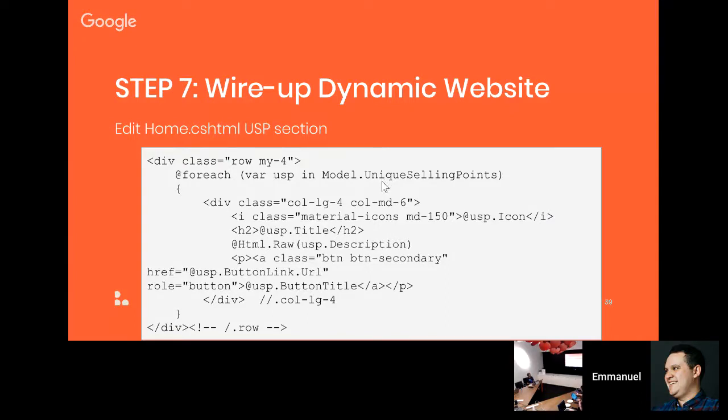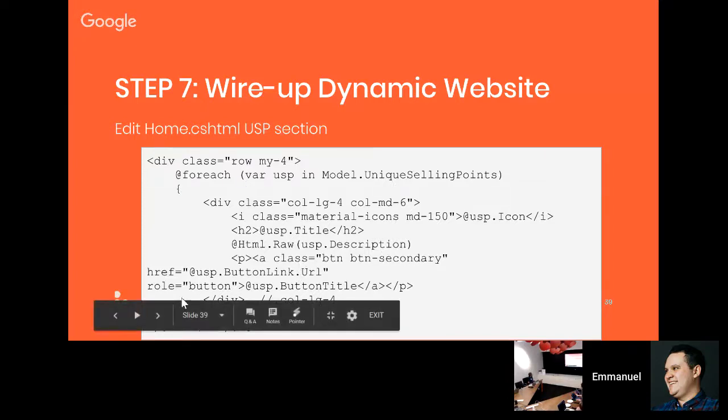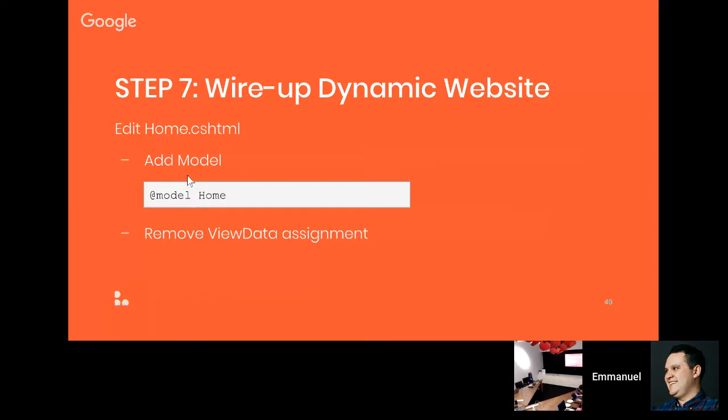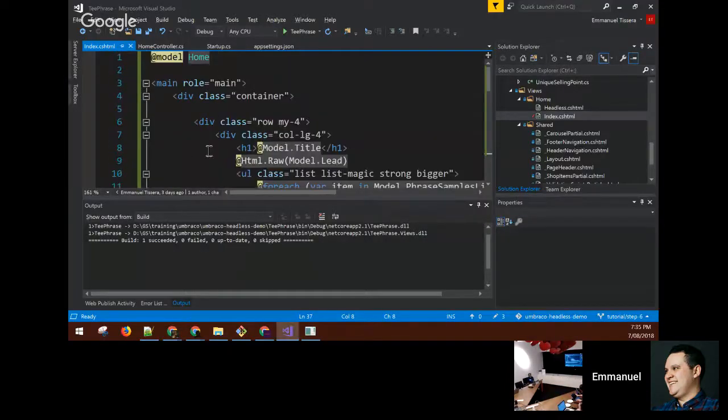Yeah, I did it all at once, but basically, if you want, you can only do your unique selling points, right? And you need to add the model because we're using that model here on top. So we are using the model which was created.